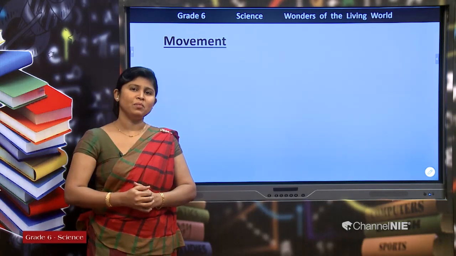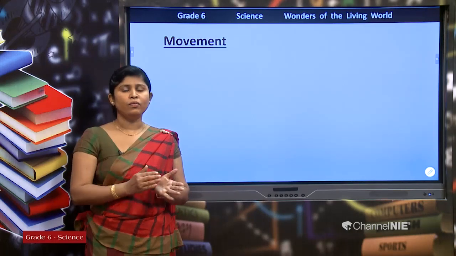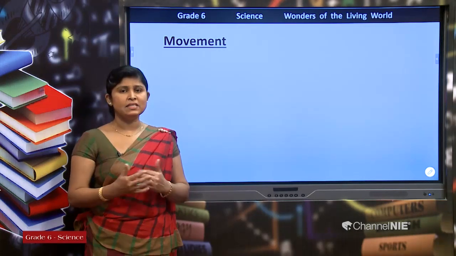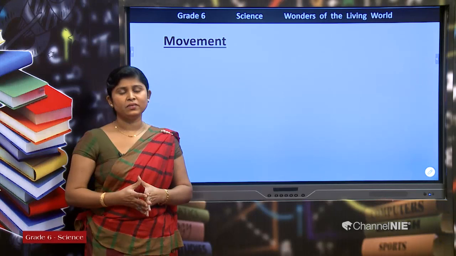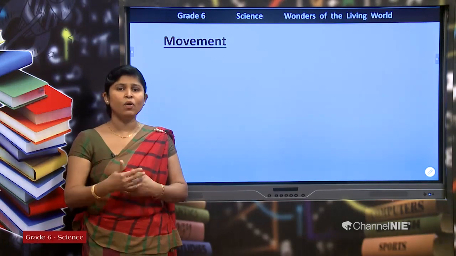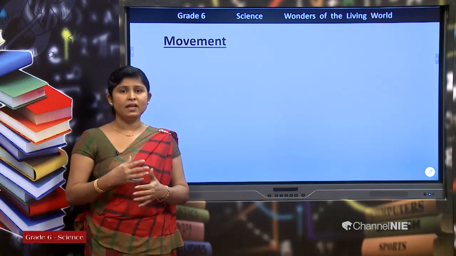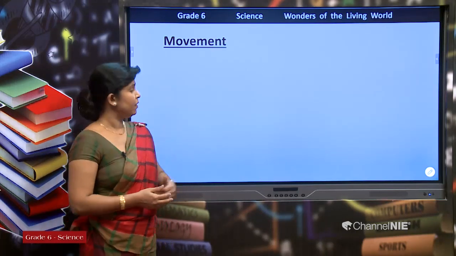What do you mean by movement? If any animal can go from one place to another, that is simply known as a movement. When we think about ourselves, we can go from one place to another while walking. That is our method of movement. In that way, there are different methods of movement. We will see.